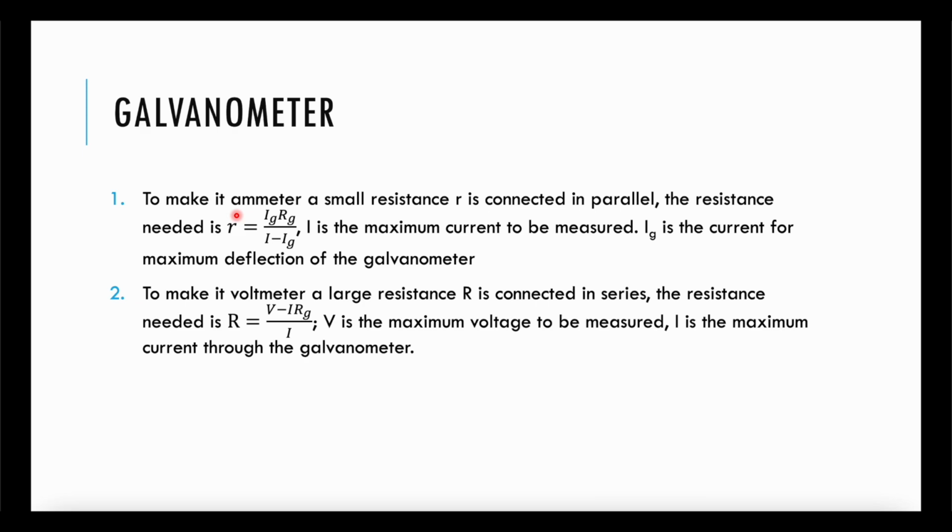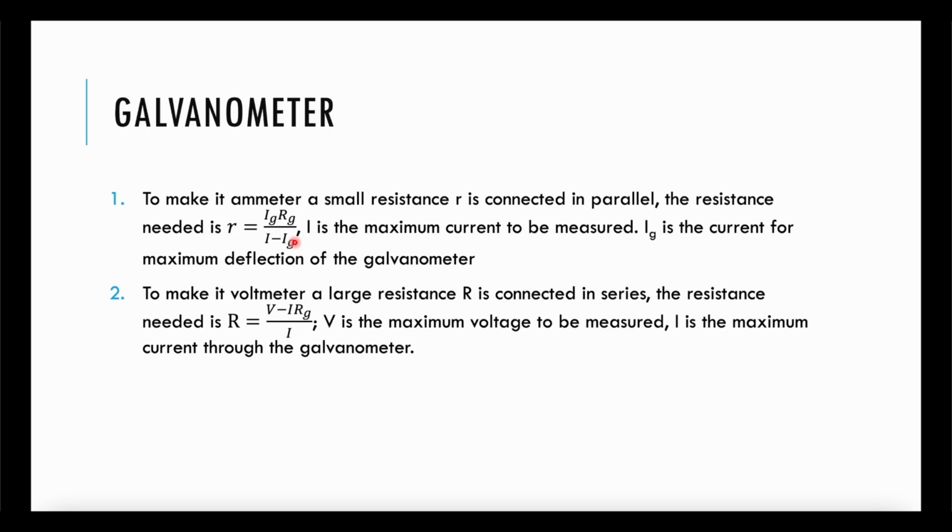So to make a galvanometer into an ammeter, a small resistance R is connected in parallel, and the resistance R that is needed to make it an ammeter is basically the maximum current that can flow through the galvanometer times the resistance of the galvanometer divided by the current that we want to measure, I, minus the maximum current through the galvanometer. This Ig can also be thought of as the maximum current needed to fully deflect the galvanometer.